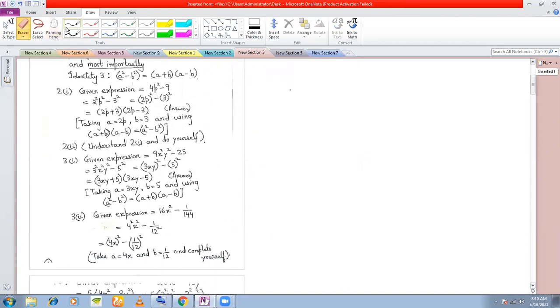Look at the first one, the most simple one, 2, 1. Given expression here is 4p square minus 9. Now see, 4p square can be written as, 4 is a perfect square, so it can be written as 2 square, and p square you write.